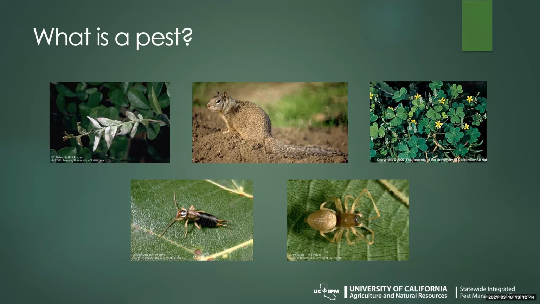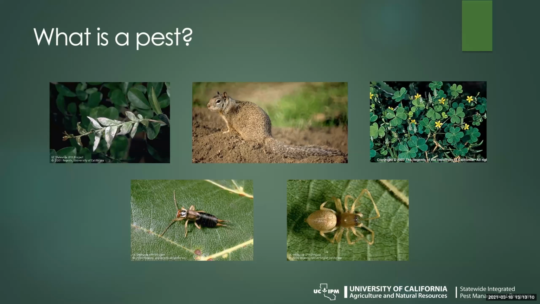But there are different categories of pests that may be problems in our gardens or in our homes. And so there's plant diseases, there are vertebrate pests or animal pests, there are weeds, weeds that you don't want growing someplace. But this picture is of a type of clover, and some people like clovers.